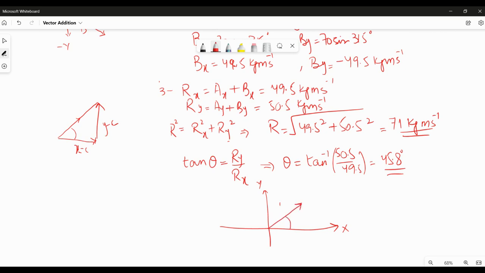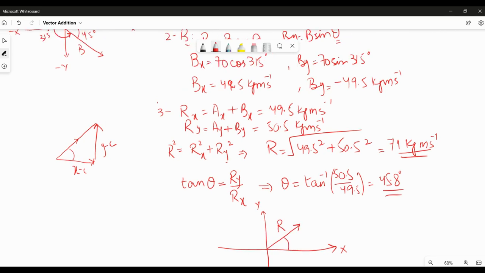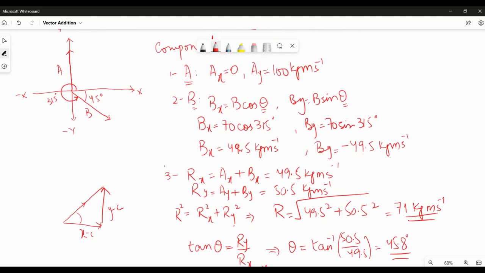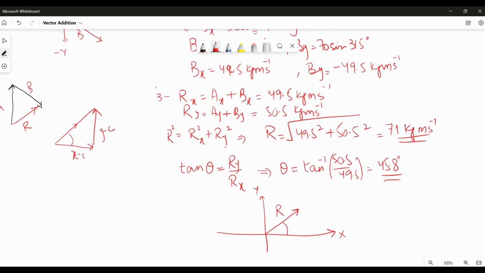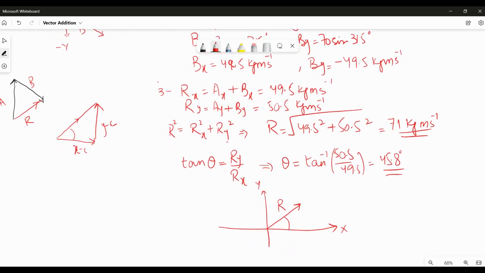So this will be my resultant R. And if you look at the two given vectors A and B in this diagram, and if I just try to use the head to tail rule to see how the resultant would have looked like, I would have ended up with a diagram like this, where the resultant finally would have looked somewhat like what I calculated here using the components method.